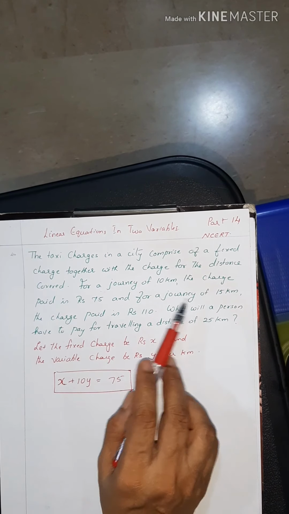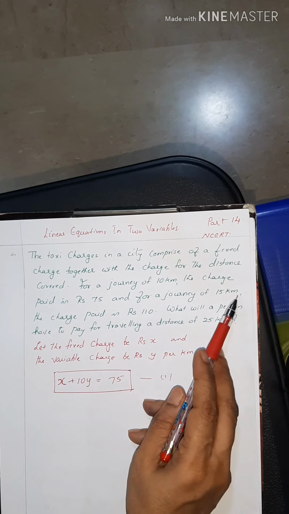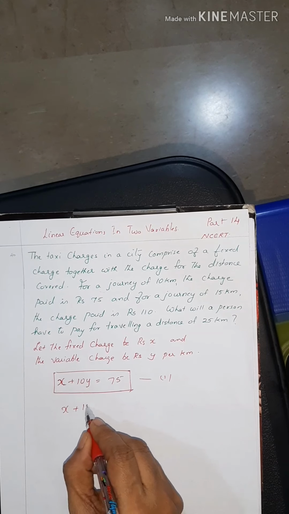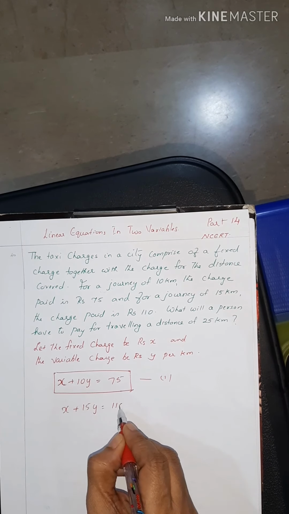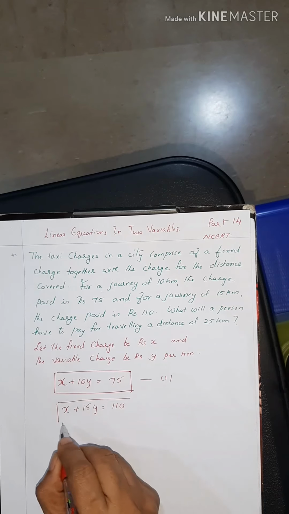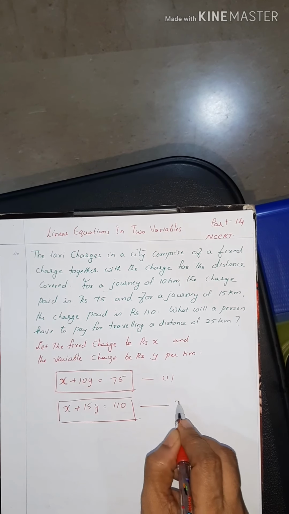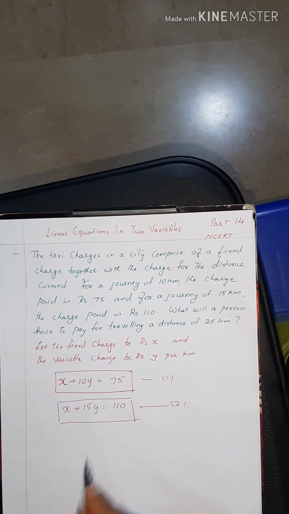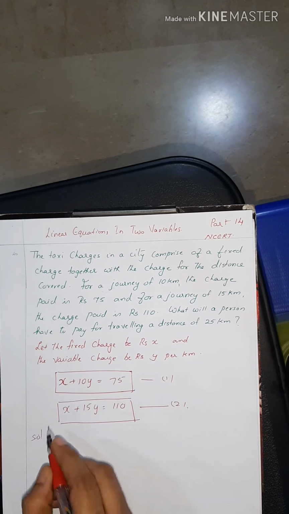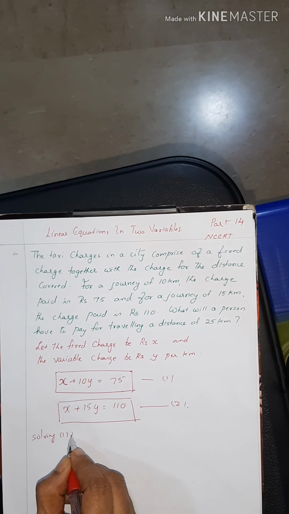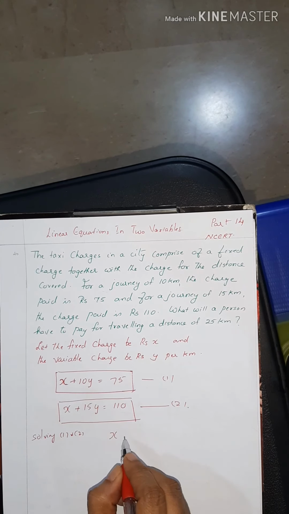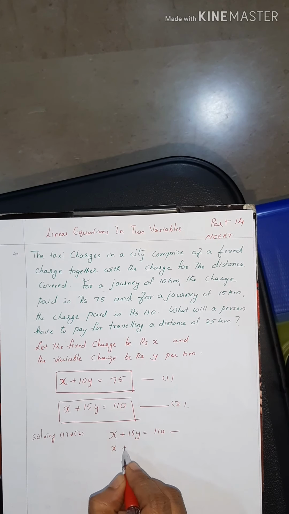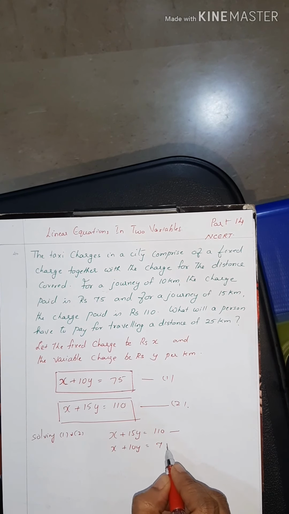Now, the second equation. Similarly, for a journey of 15 kilometers the charge is 110. So, x plus 15 into y is equal to 110. So, this is the second equation. So, now solving it, equation 2 minus equation 1: x plus 15y is equal to 110 minus x plus 10y is equal to 75.